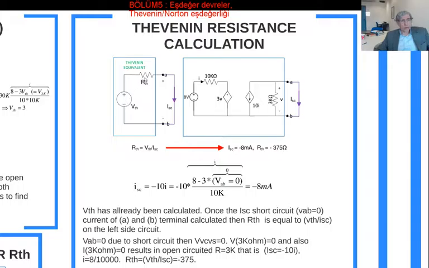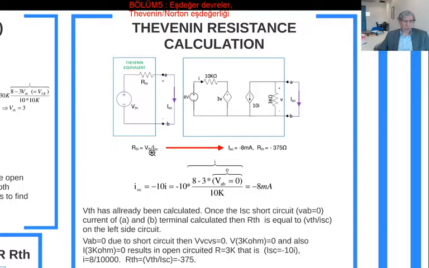The voltage over the resistor gives you the current of this element. The current of RTH is also the short circuit current of my circuit. This short circuit current is the thing that I would like to calculate. Once you find this, RTH is equal to VTH over ISC.